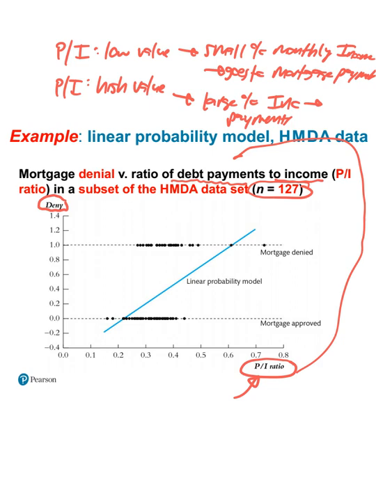So let's see whether or not this idea translates into the likelihood of you getting a loan or being denied. We see down here, for relatively low values of the PI ratio, individuals that don't have to pay a significant fraction of their income to their mortgage are bundled down here, where the probability of being denied is relatively close to zero, or exactly equal to zero in this case.